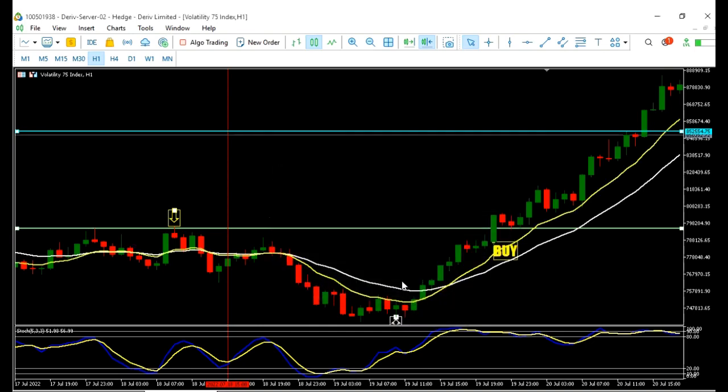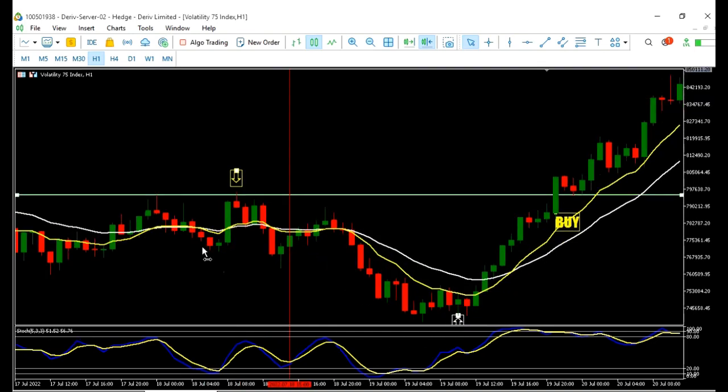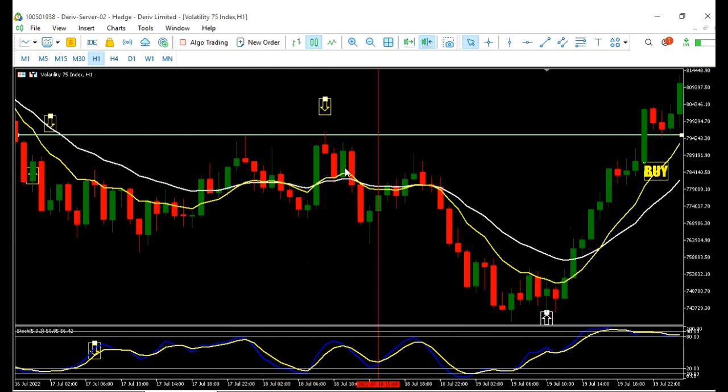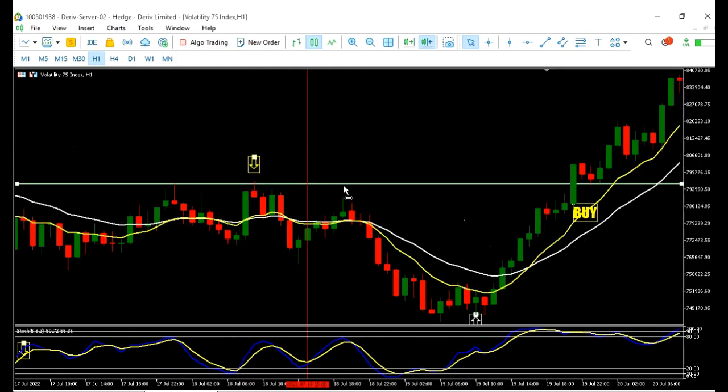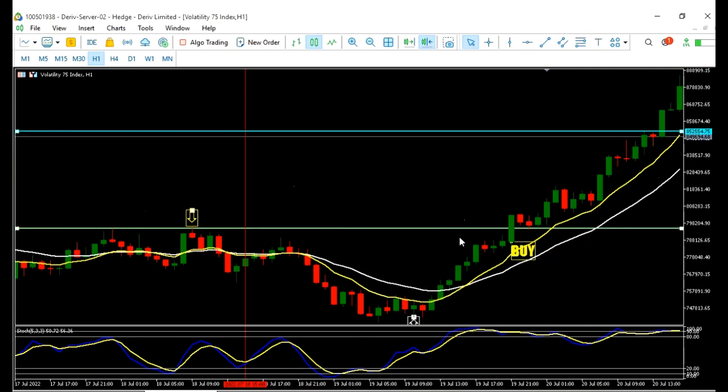Do you see? So now this is crossing each other at this place, making it not a confirmed trade. But now when it happened at this place, there is a cross here. Once this crossed here, and this is my resistance zone, the market broke out with this bullish candle and with this engulfing candle.